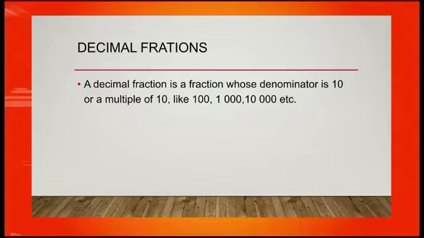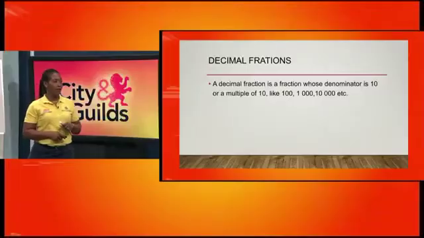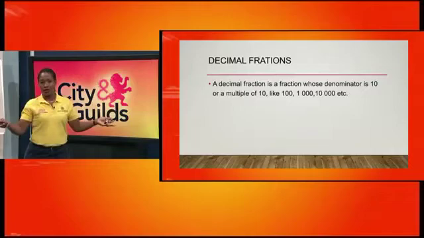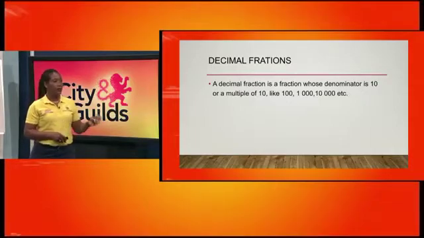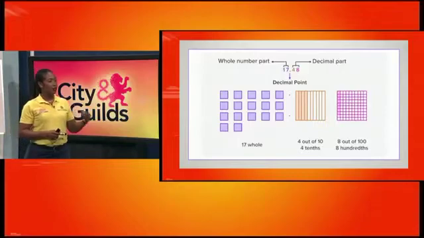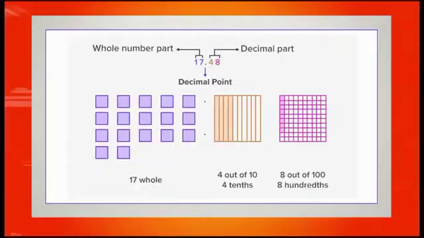Decimal fractions. A decimal fraction is a fraction whose denominator is 10 or a multiple of 10, like 100, 1,000, 10,000, 100,000, and we could continue multiplying by 10. All right, let us look at what a decimal fraction really means. Here we have a number with a whole part, so you see 17, and you would say 48 hundredths.